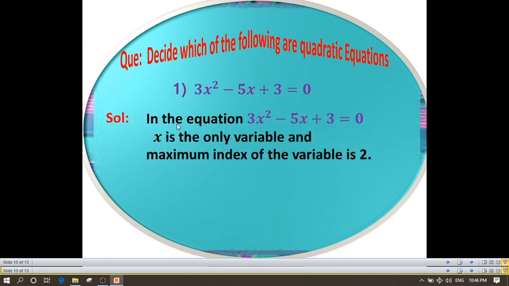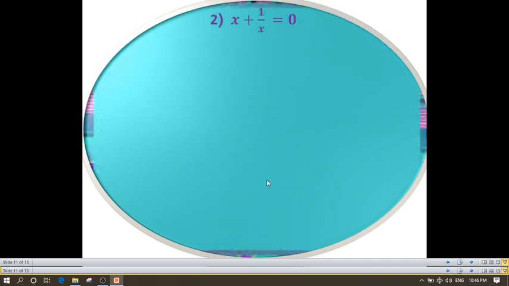Now see here, in this equation, x is the only one variable and maximum index of the variable is 2. So it is a quadratic equation by the definition of standard form of a quadratic equation.